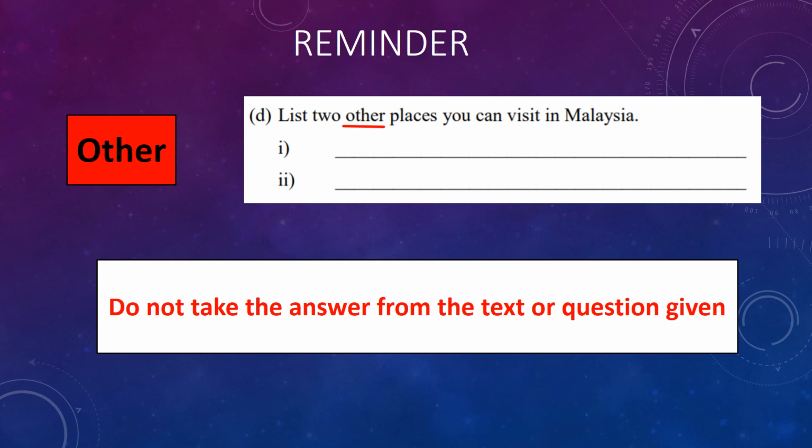For example, the text is talking about Langkawi and Melaka. So you cannot write down Langkawi and Melaka as the answer. You have to find other places which are not within the text, when you come across the word "other" in the questions.